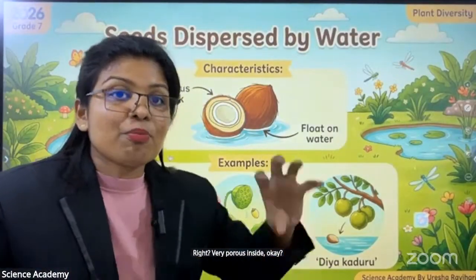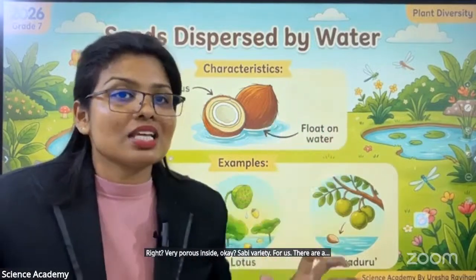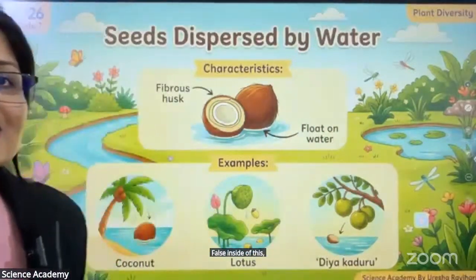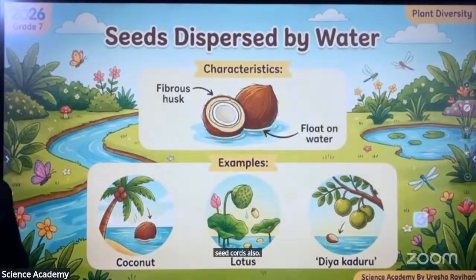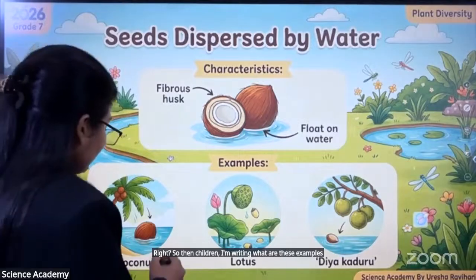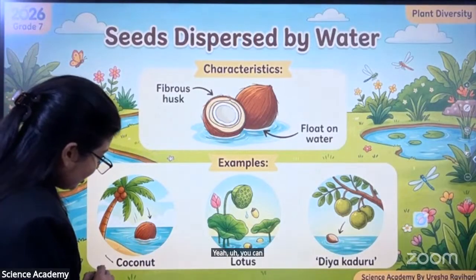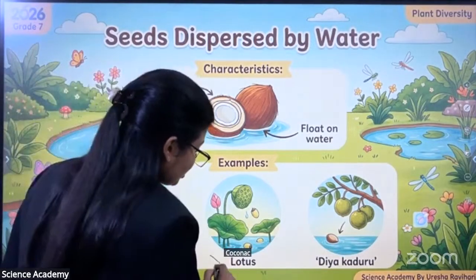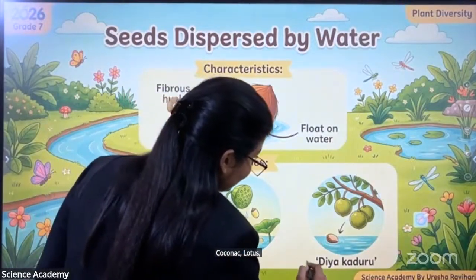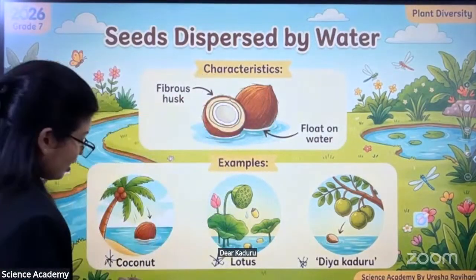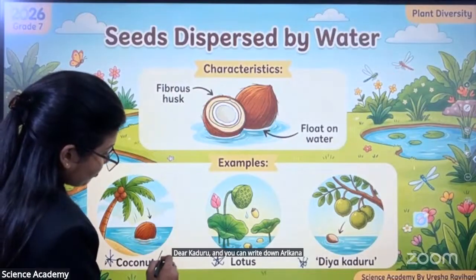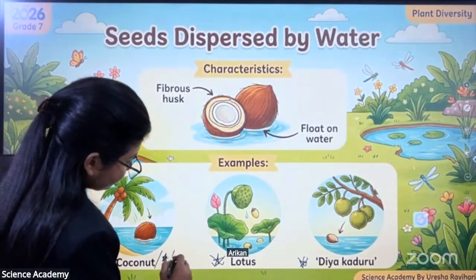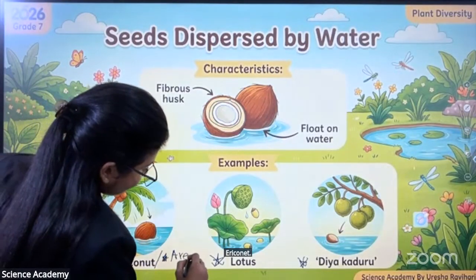There are pores inside these seed coats also. So children, I am writing the examples: coconut, lotus, Kaduru, and you can write arecanut also.